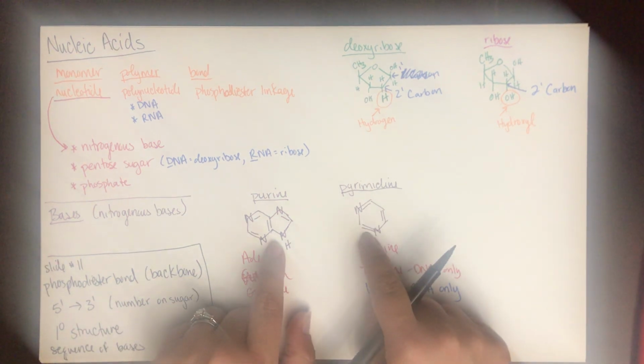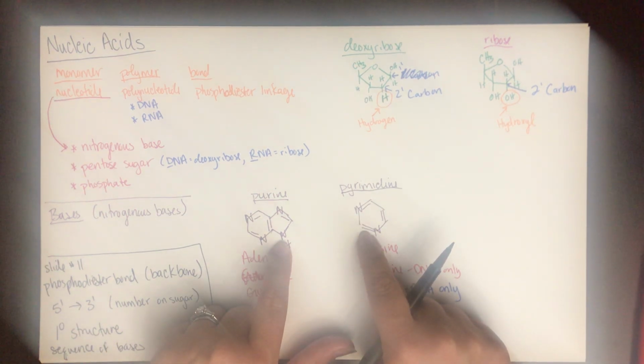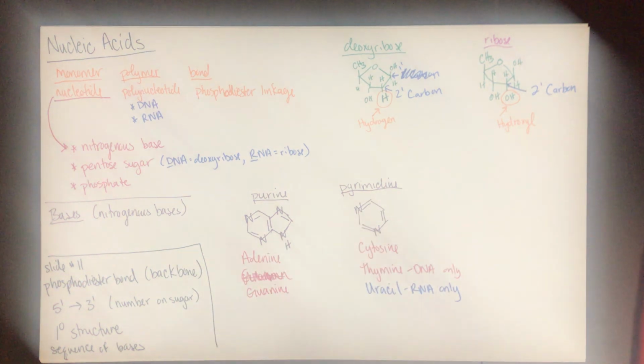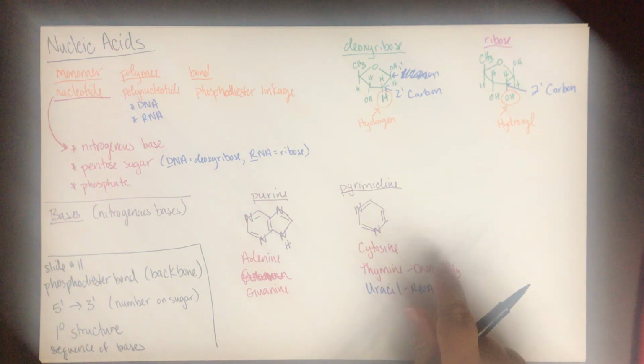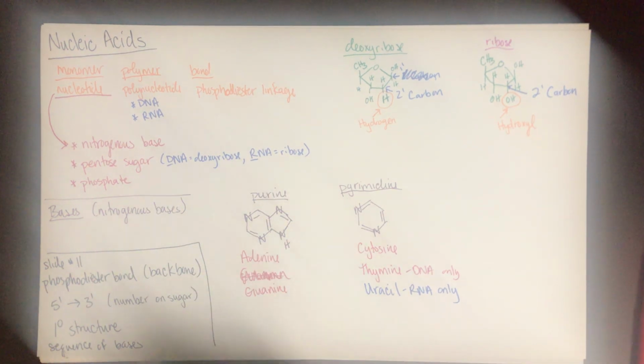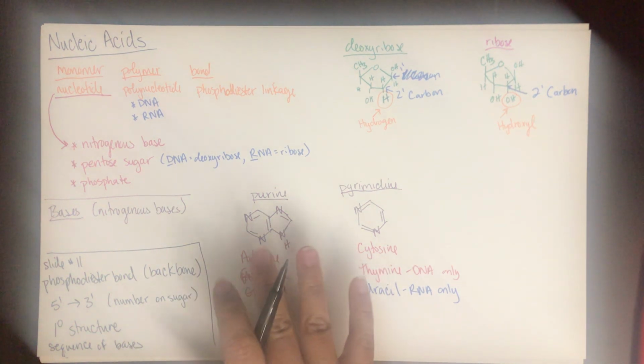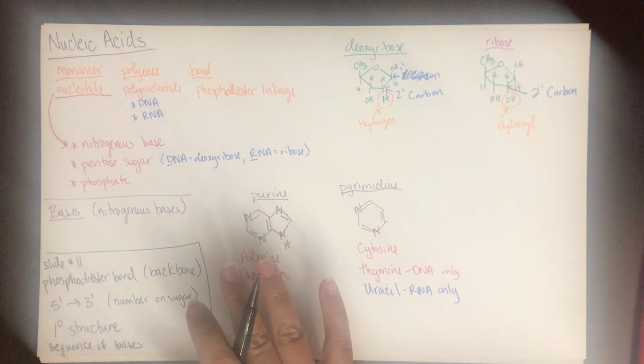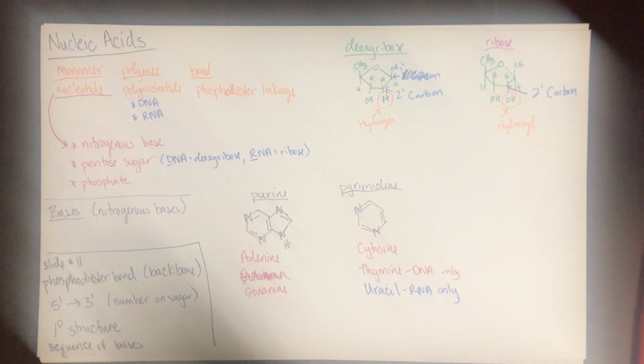Secondary structure is going to be the hydrogen bonding between purines and pyrimidines. So a purine and a pyrimidine will always pair with each other. You'll never have two pyrimidines bonding or two purines bonding. This phosphodiester backbone is the only covalent structure in the polymer of nucleic acids. The purines and the pyrimidines are going to hydrogen bond with each other. This is called complementary hydrogen bonding, complementary base pairs.